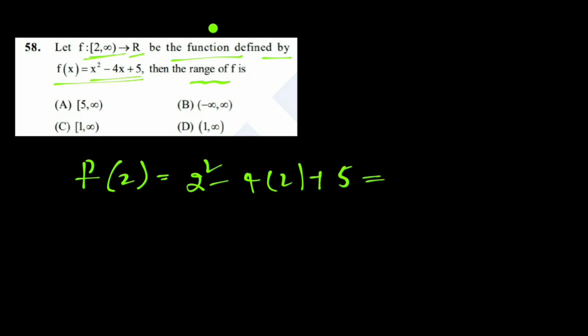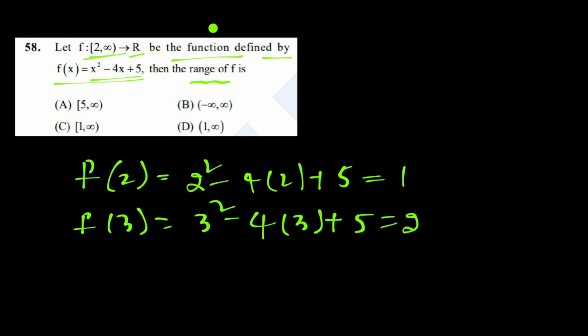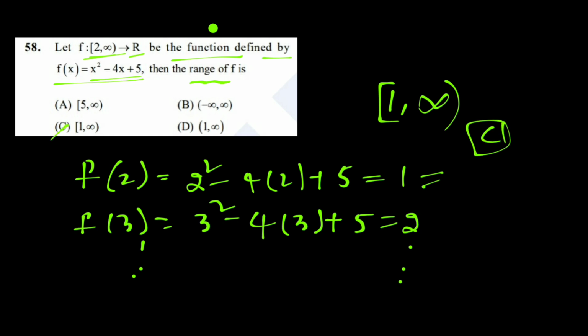That answer is 1. Next, f of 3: 3 square minus 4 into 3 plus 5. So result you will get 2. Continuously you will get infinite numbers here. So the range starts at 1, that is 1 comma infinity including 1. So closed square bracket, and this side open. So correct option is C.